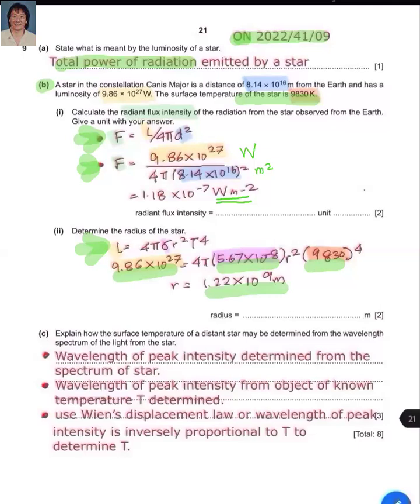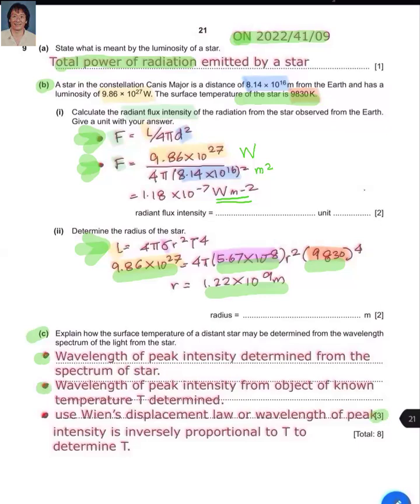Then for part C, which carries 3 marks: explain how the surface temperature of a distant star may be determined from the wavelength spectrum of the light from the star. The first mark comes from the wavelength of peak intensity, which is the peak wavelength determined from the spectrum of the star.